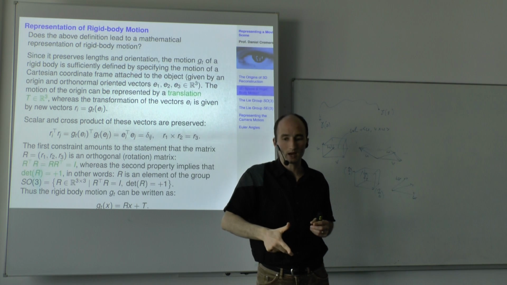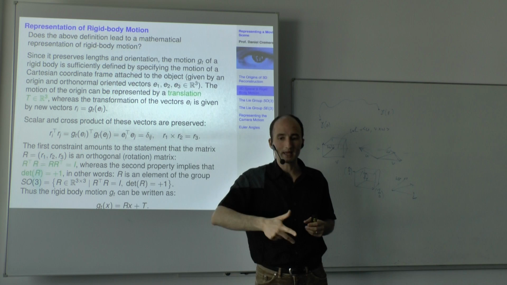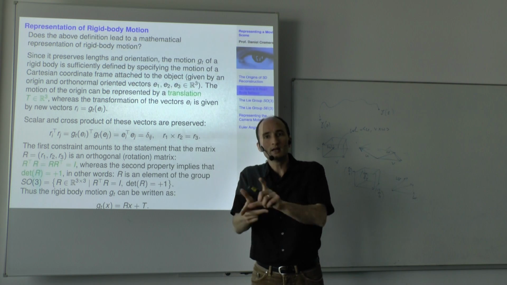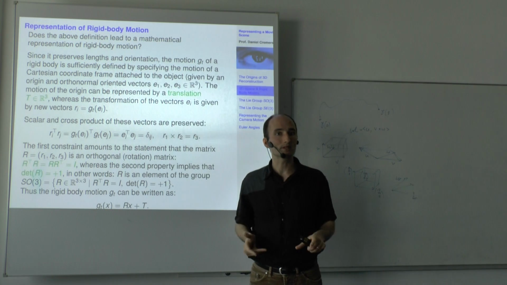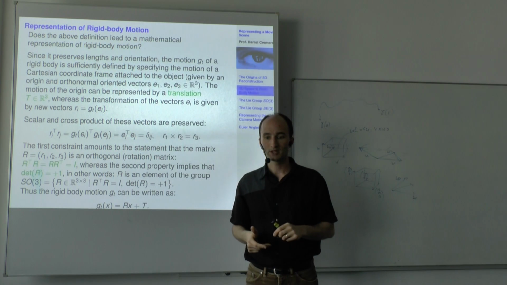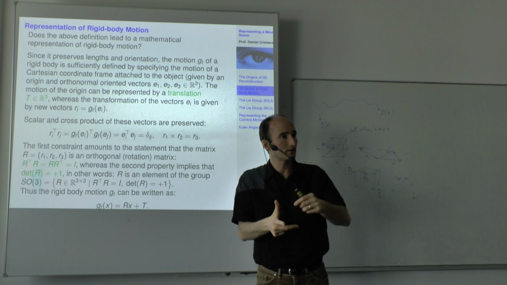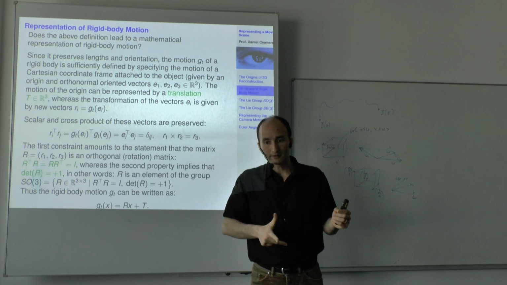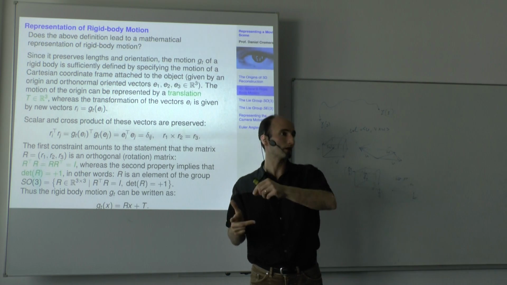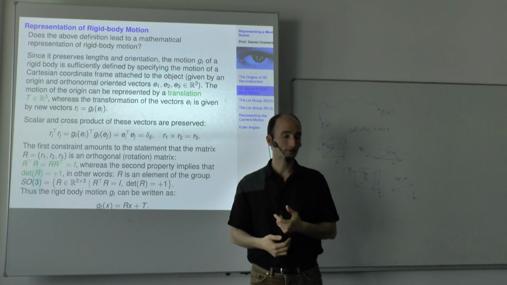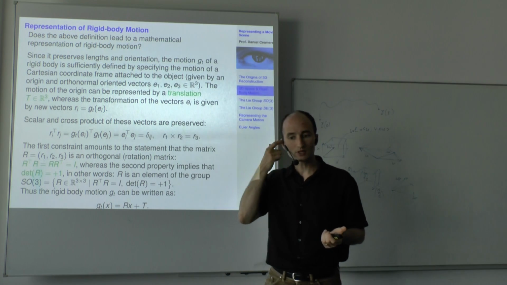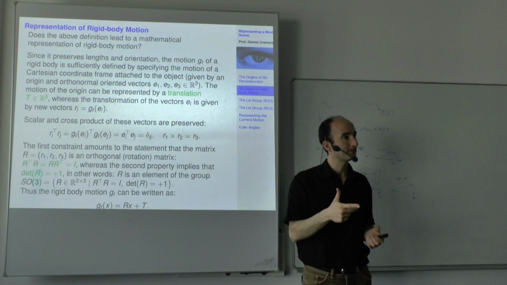And if we say how the transformation affects that basis, then for every other point it's specified, because the lengths must be preserved. So we can define any point with respect to this frame, and if we know how the frame is transformed, we also know how that point is transformed. And so all we need to specify in a rigid body motion is what it does to the frame.